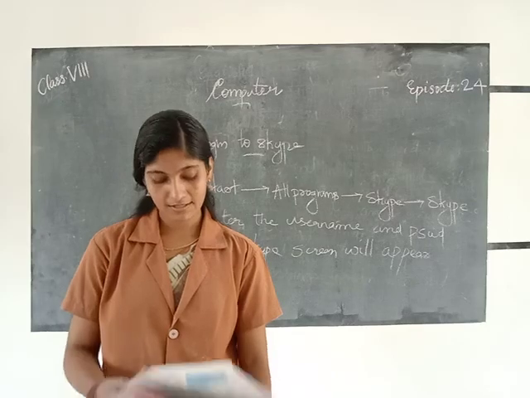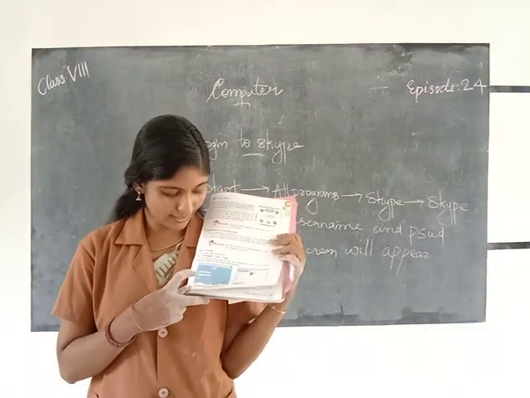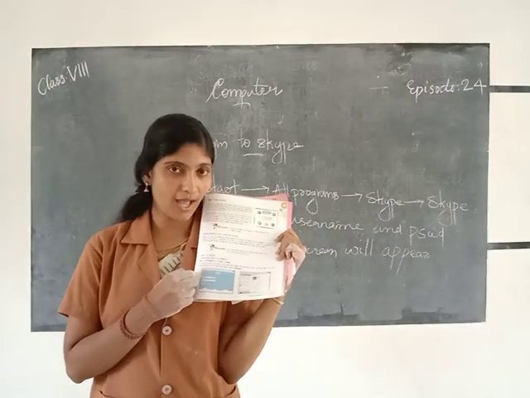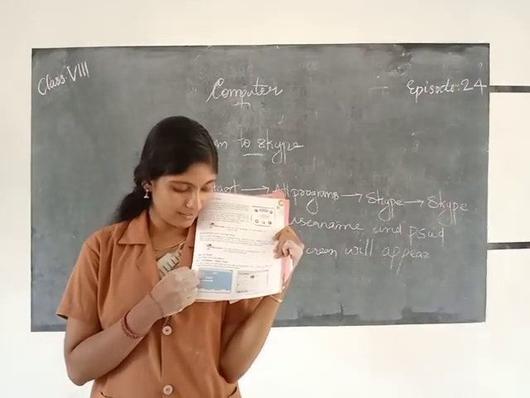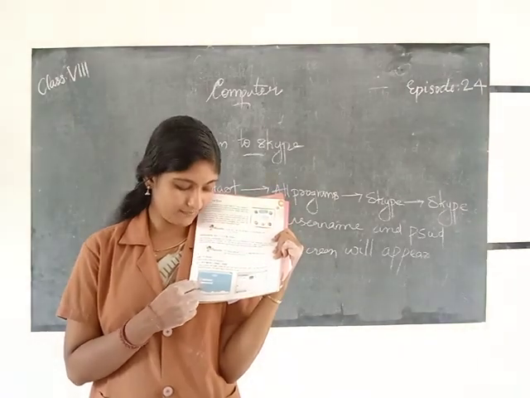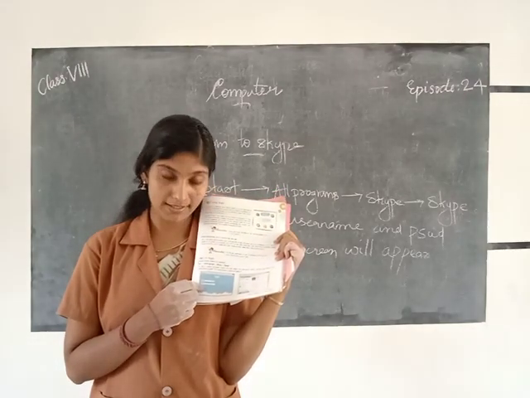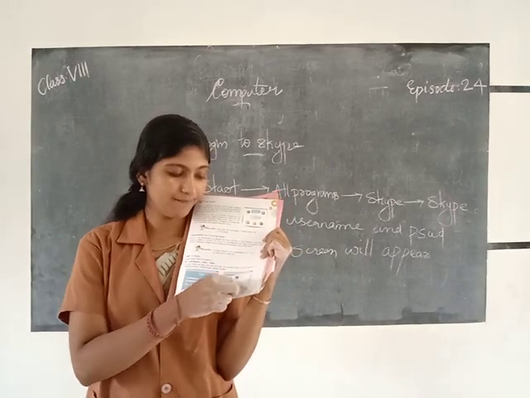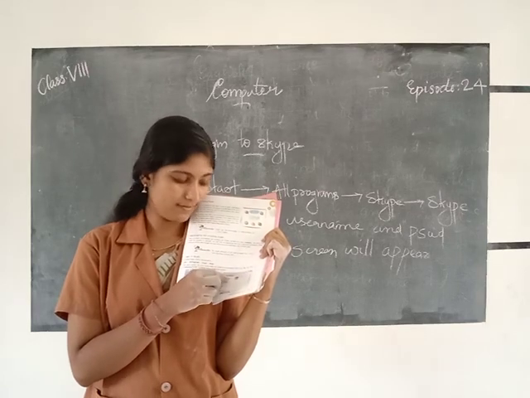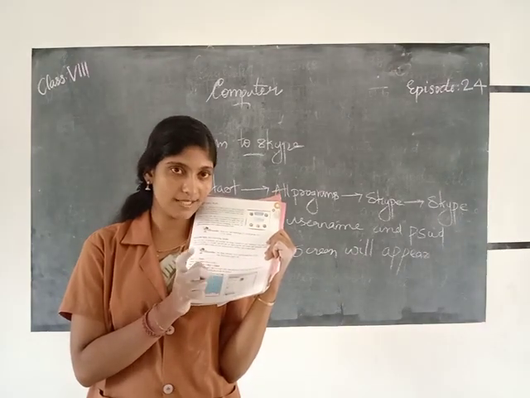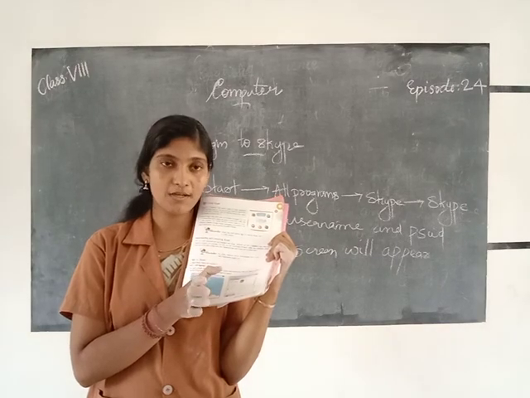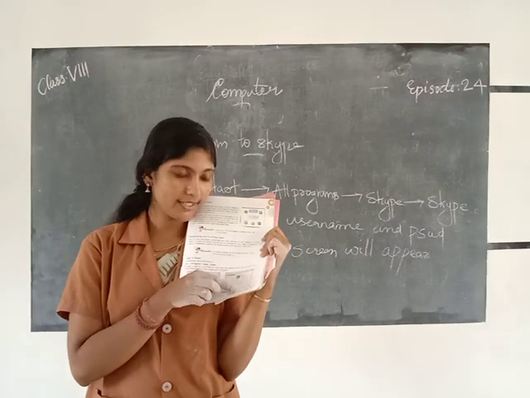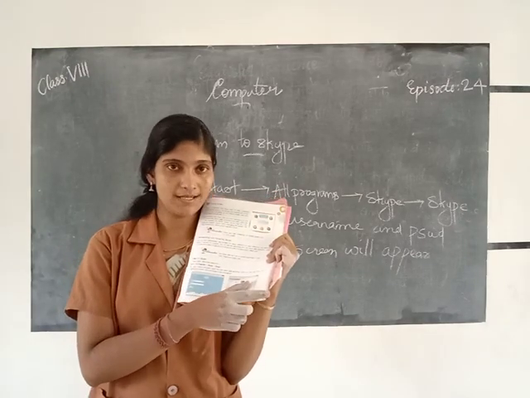Here is the login page, with the username text box and the password text box. You have to enter these two in the respective boxes. Then there is a sign in button, so just click that button. And what happens? Your account will open. The home page or main screen of your account will open, and the name of your account and all other details will appear on the main screen.